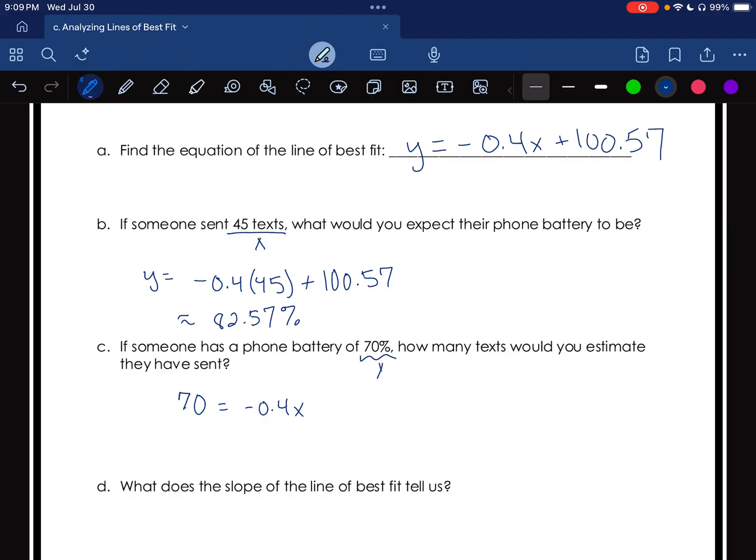All right, so we get to talk about context, which, as a statistics teacher, I'm like, this is the most important part, right? So what is going on here? So this slope, remember, it's a negative 0.4.